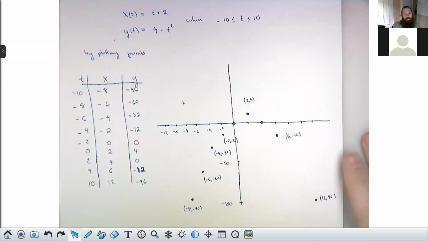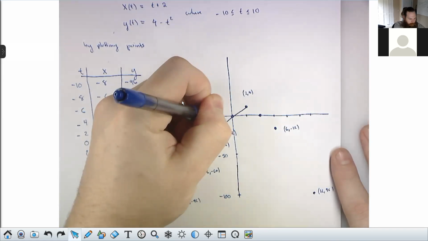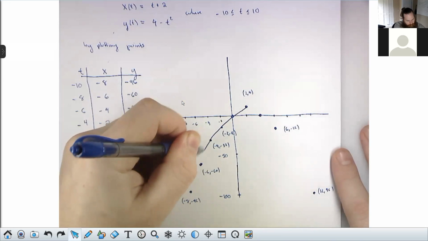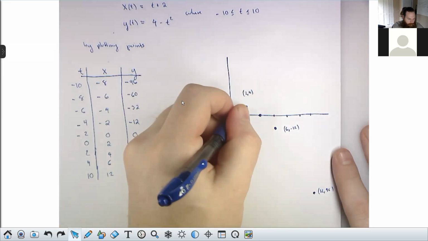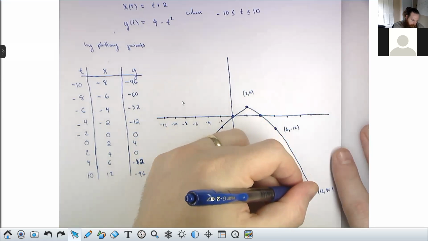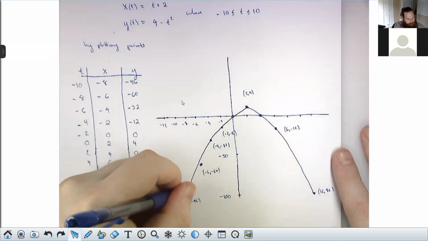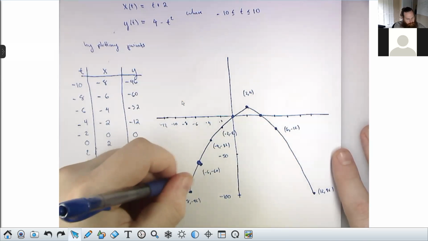So you can kind of see what this shape is, right? This is a parabola. Modulo my bad art.